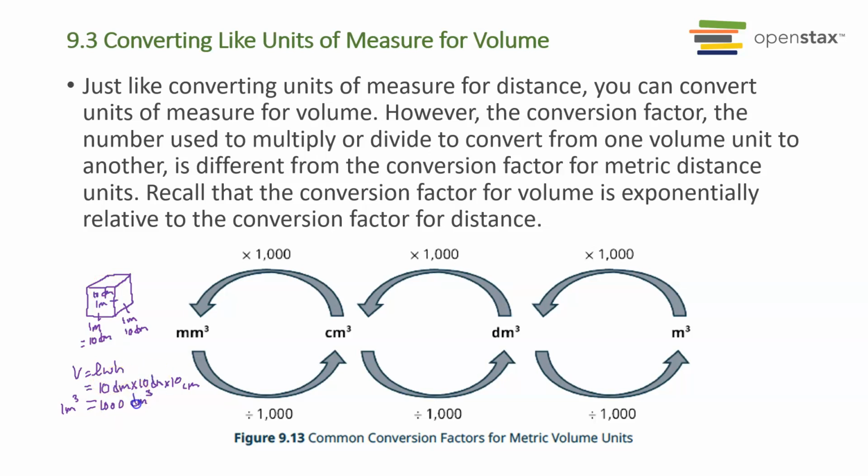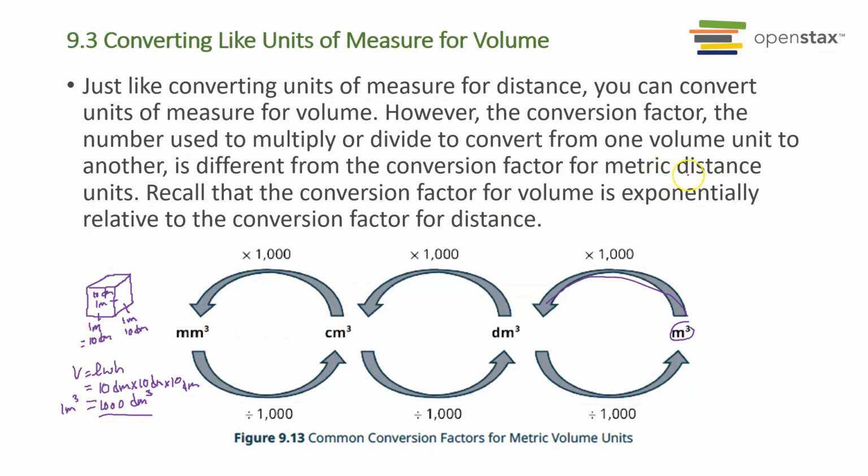So decimeters. So going from a cubic meter to a cubic decimeter, we would multiply by 1,000. And that's where we get that factor of 1,000.